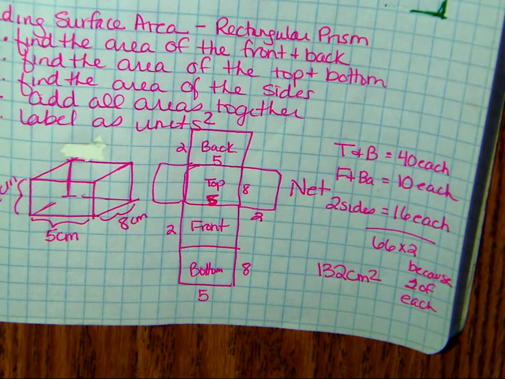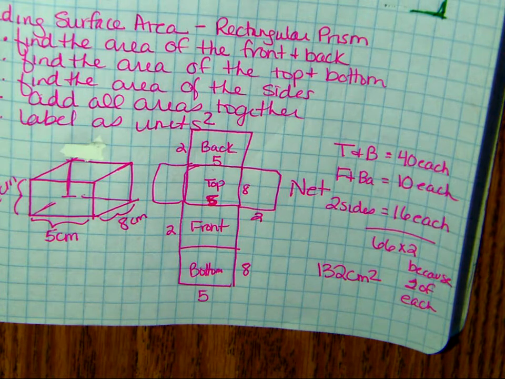Now, here's the thing, guys. We did a rectangular prism. You can actually do the exact same process to find the surface area of a pyramid, or a cylinder, or whatever shape you need. Because think about it.